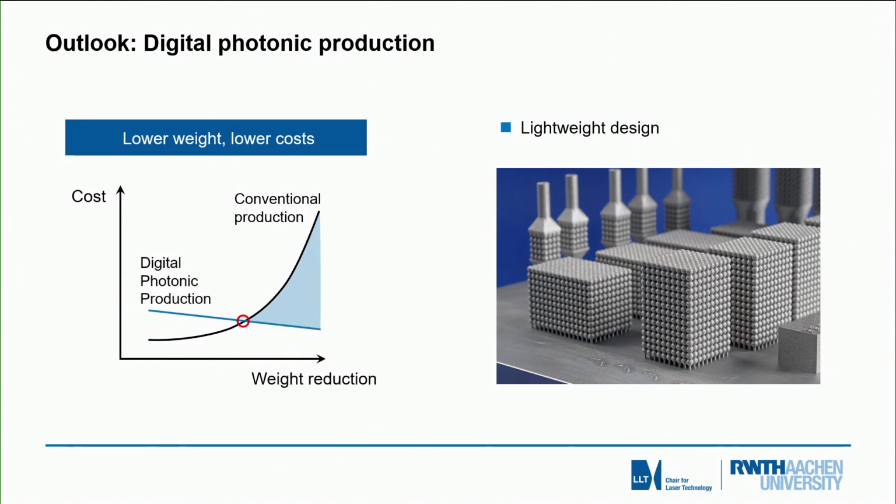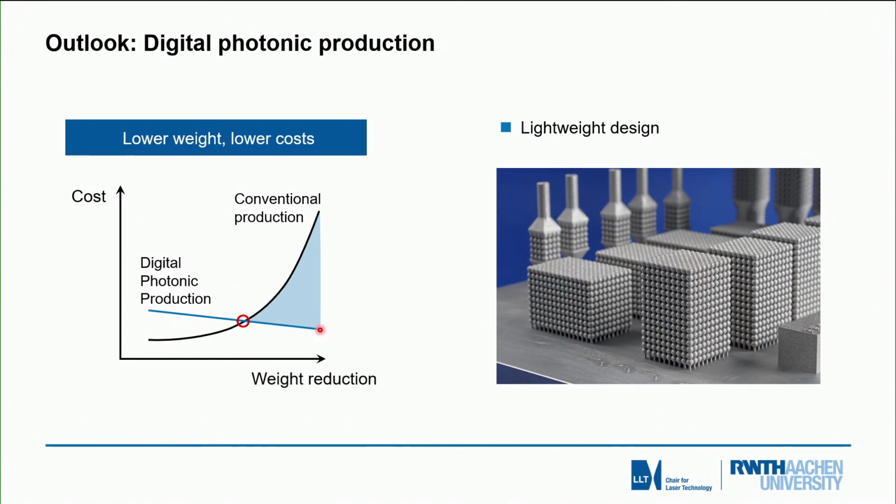The less material we melt, the less time we take to produce the part, and the less expensive the part will be. So a characteristic of this additive manufacturing process is that reduced weight is directly correlated with less cost.